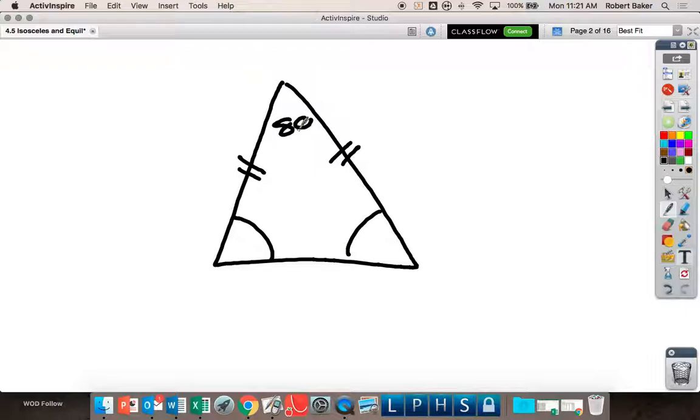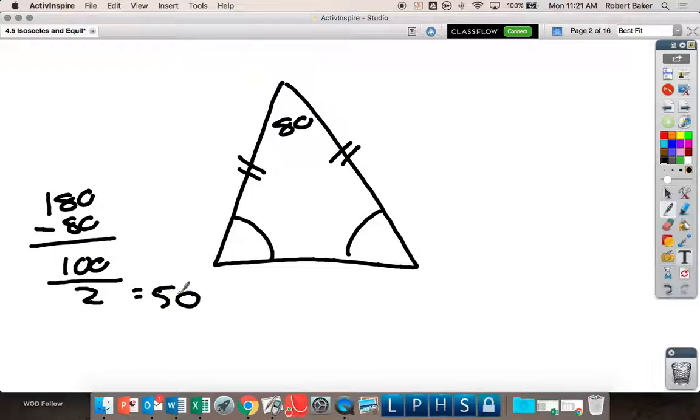The vertex angle is 80 degrees. How big is each base angle? How did you get that? Because there's 180 in a triangle, and subtract 80, there's 100. Now, why are you dividing by 2? Because there's two angles.